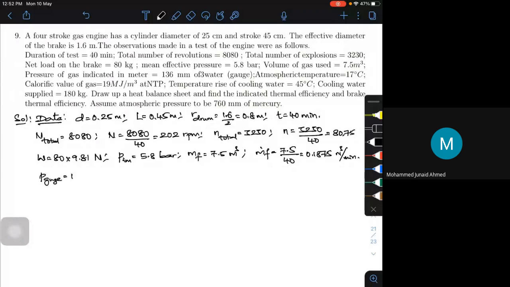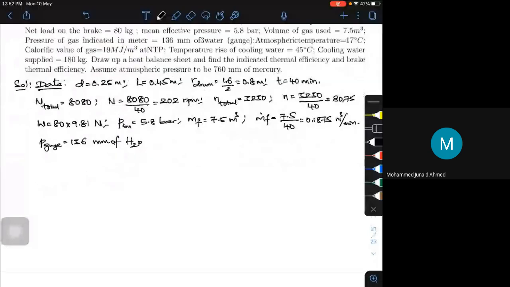I'm writing all the things. Then atmospheric temperature at which the air enters, that is 17 plus 273, it is 290 Kelvin. Then they are given the calorific value of that fuel, it is 19 megajoules per meter cube. Then they are given the delta T of water, 45 degrees Celsius.